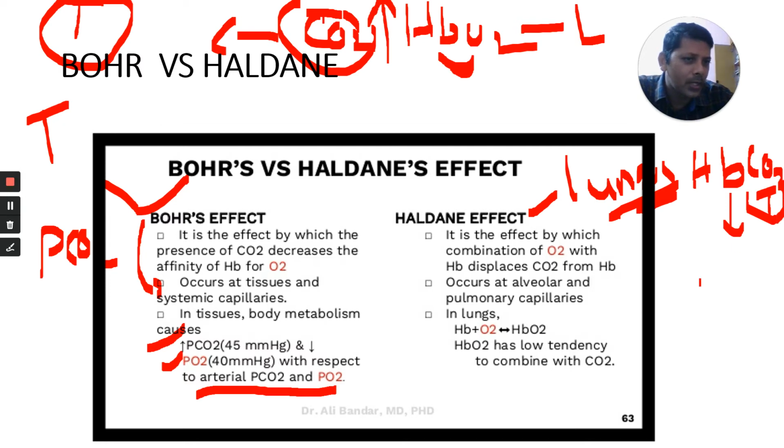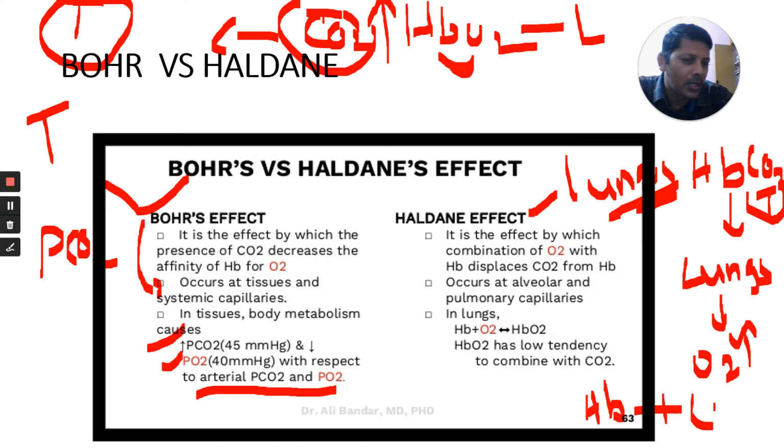When HbCO2 comes from the tissues to our lungs, oxygen is high. When oxygen is high, these two cannot bind together. Now there is a divorce. Hb and CO2 get separated, and now oxygen binds.